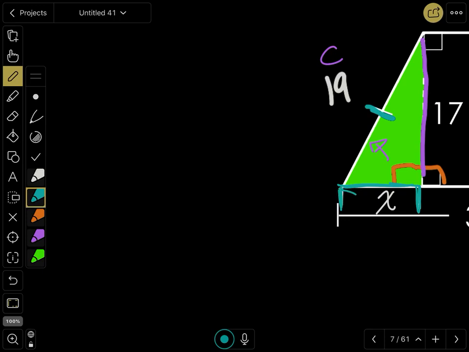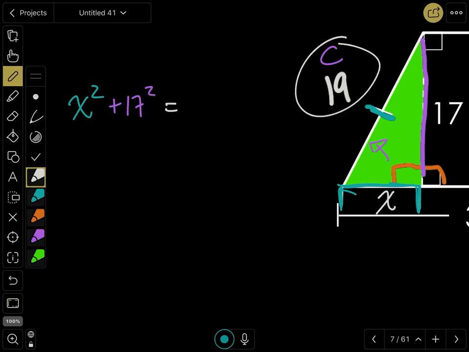And so we'll have x squared plus our other side in purple there, which is 17, and that's going to be squared. And then it will be equal to our hypotenuse C, which is 19 squared. So we have x squared, which will just say x squared. 17 squared is 289, and 19 squared is 361.